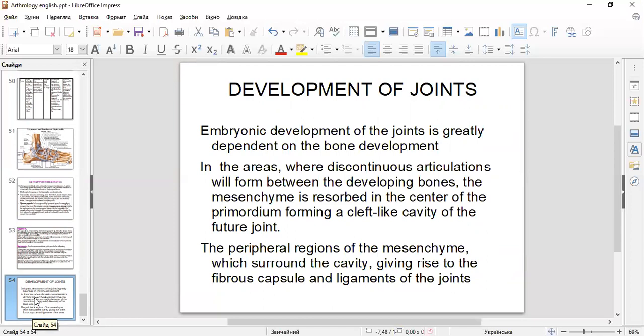The mesenchyme dissolves in the center of the primordium, forming a cleft-like cavity of the future joint. The peripheral regions of the mesenchyme, which surround the cavity, give rise to the fibrous capsule and ligaments of the joint.